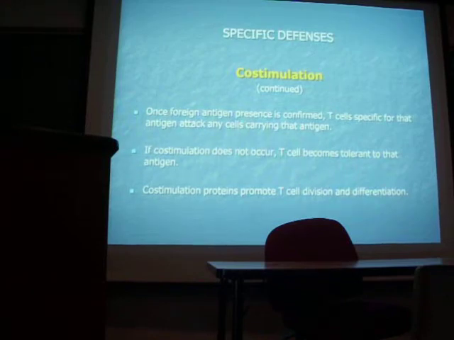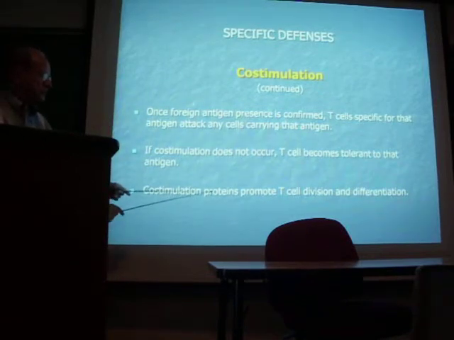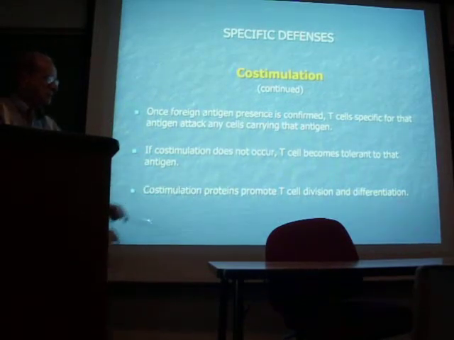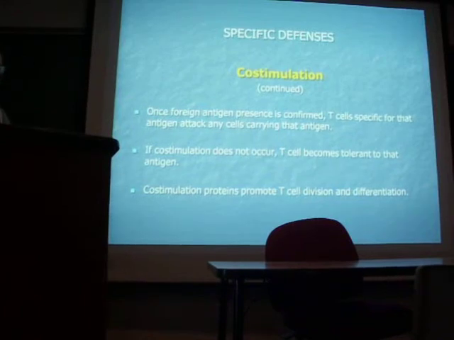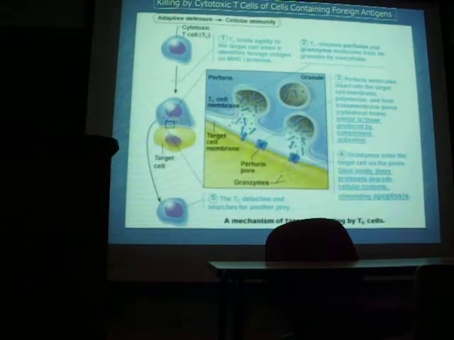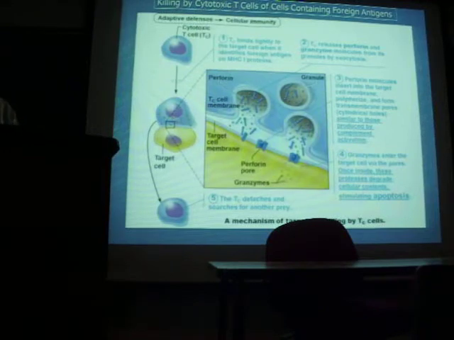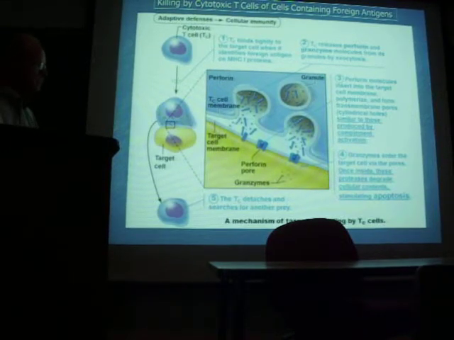It'll be tolerant to it. Another thing about these co-stimulation proteins is that they promote cell division and differentiation in those T cells. This is how cytotoxic T cells work, and how they destroy cells that contain foreign antigens.